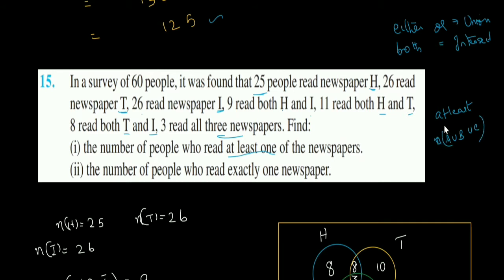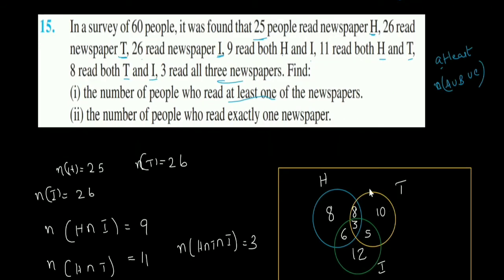These words are very important. Either or is union. At least is A union B union C. Let us write or represent all these first. Number of H is 25. Number of T is 26. Number of people who read the newspaper I is 26.